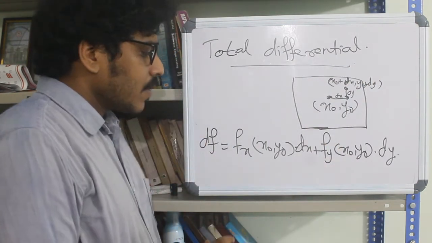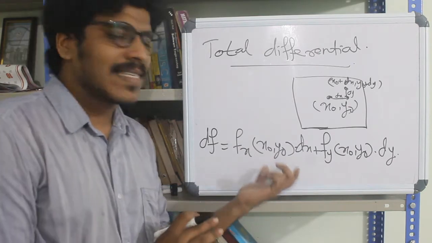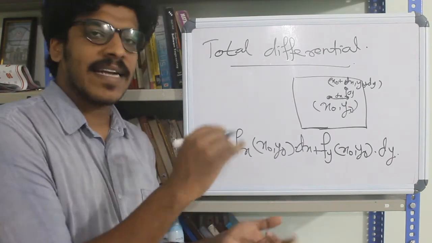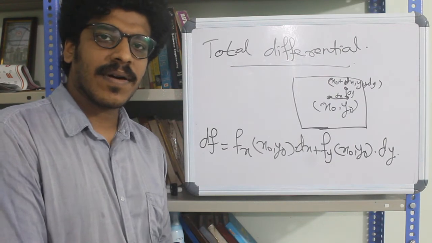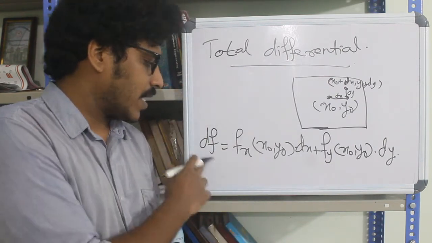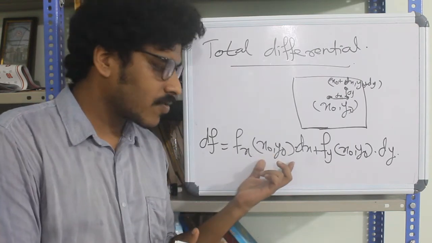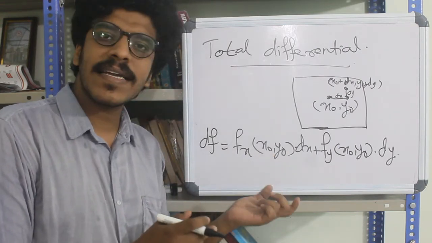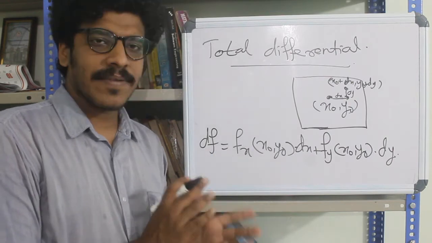Right. So you can think, how does this differ from our expression of delta f? So df is equal to fx at x0, y0 dx plus fy at x0, y0 dy.